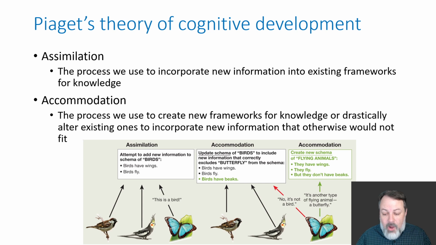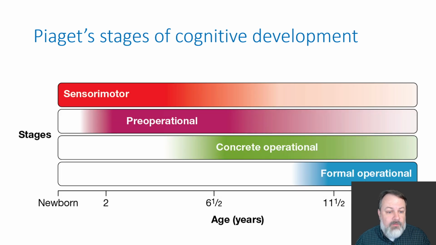And so this other animal, which has wings and also flies, but doesn't have a beak, that is now a new schema of these flying animals so you can learn, okay, these are birds, this is not a bird. So we just go through this process of having these schemas that we update, that we use this accommodation to create new ways of learning or forming cognitive thoughts.